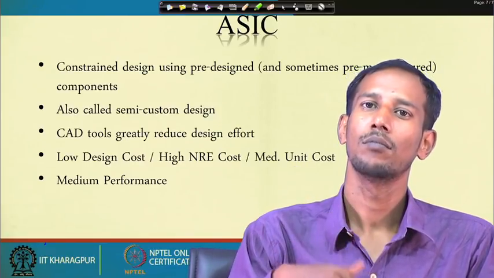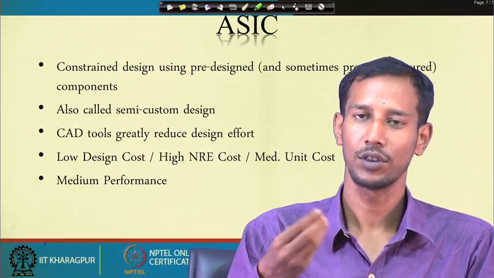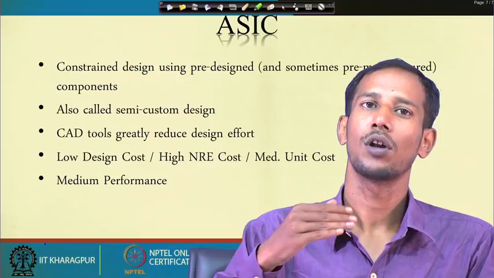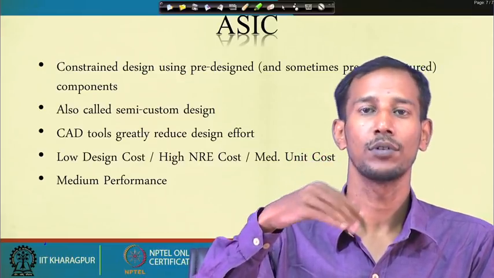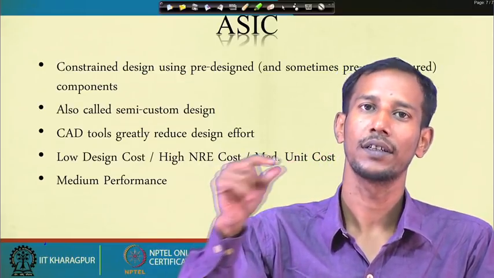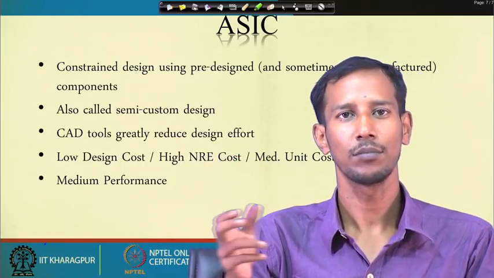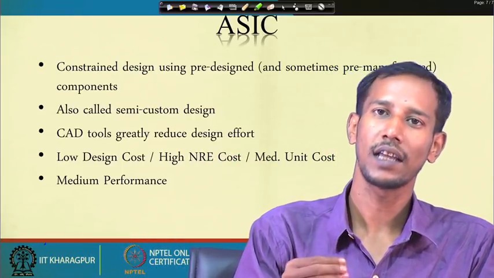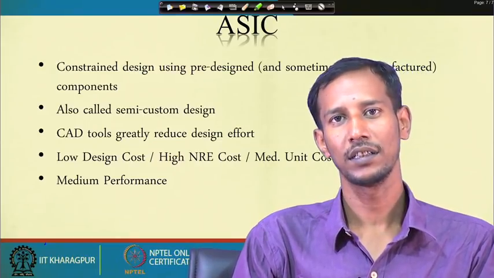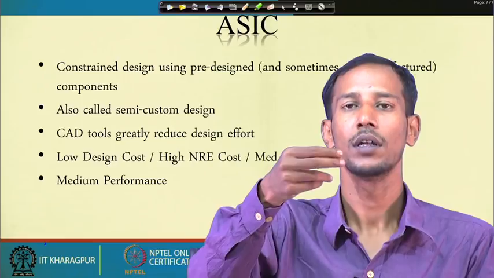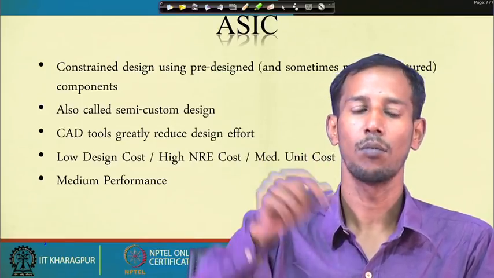You can start from circuit level, that means transistor level, then from gate level, or above that you have basic components like adder, multiplier, divider. So, you can start from transistor level, gate level, or the upper level, which is these basic components.